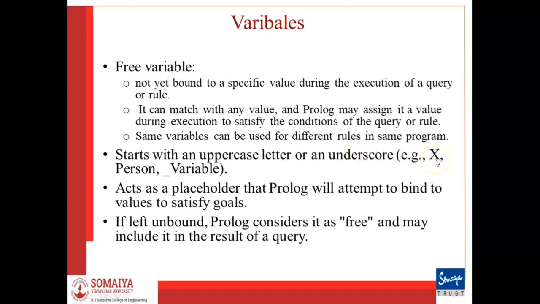So X would be a variable. Person, wherein P is capital, would be a variable. A variable starting with an underscore would be a variable. These free variables act as a placeholder that Prolog will attempt to bind to values to satisfy the goals. And if they are left unbound, then Prolog considers them as free and may include them in the result of a query.